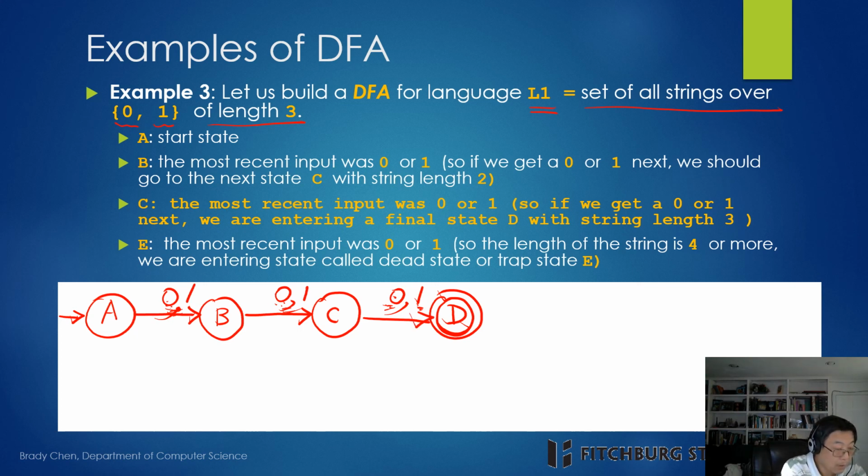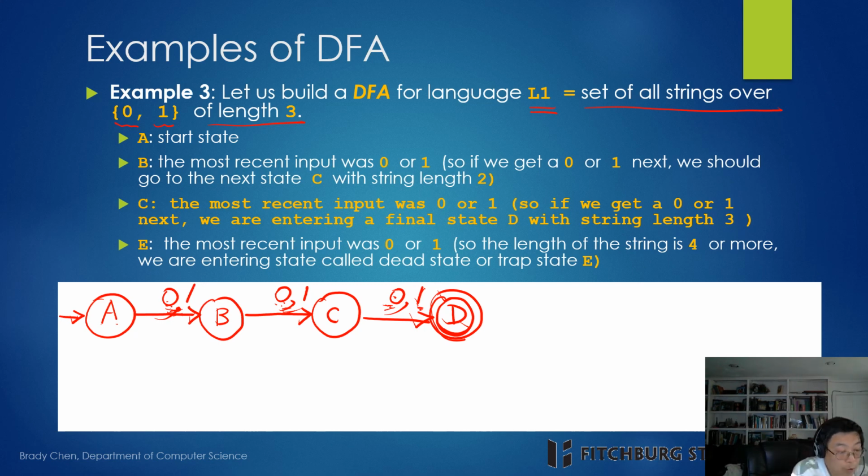So starting from A, if the initial input is 1, the next input is 0, the next input is 1, 1, 0, 1, we still go to the accepting state. So the value of the character doesn't matter, the length matters.